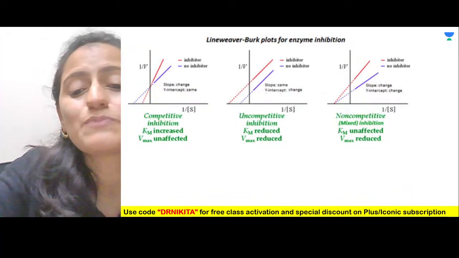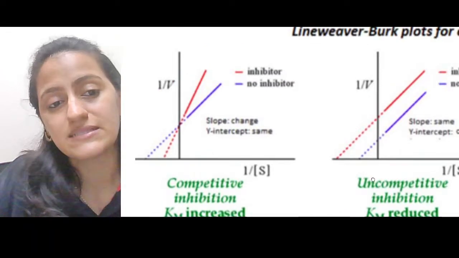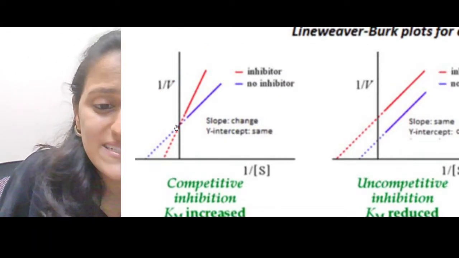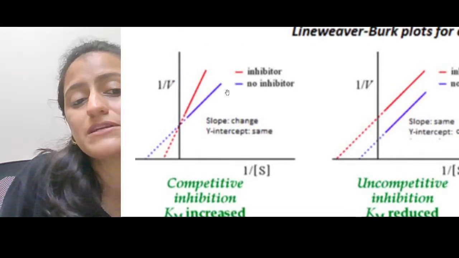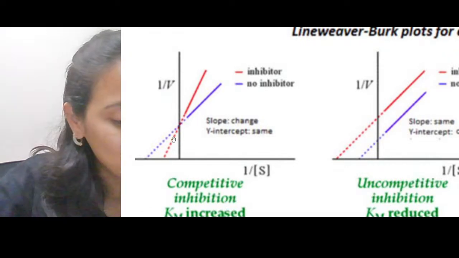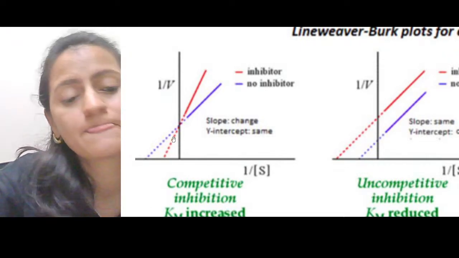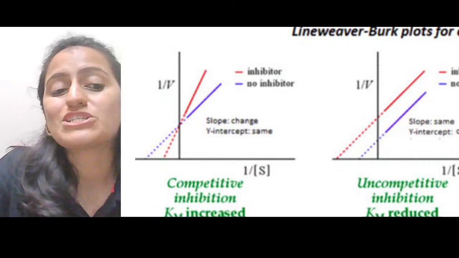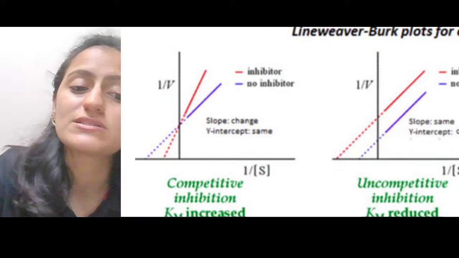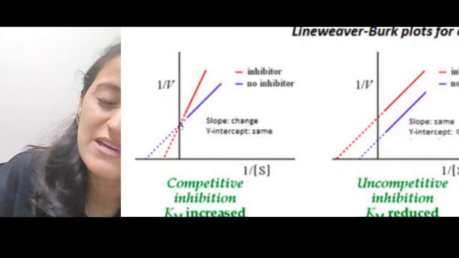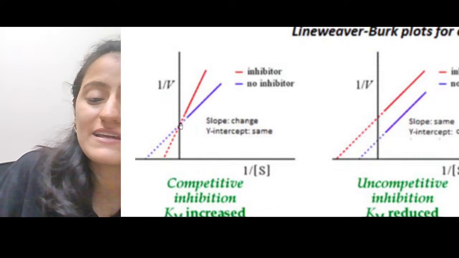Now, a very important point which can be asked: which of these is the inhibitor, the red line or the blue line? How will you identify which is the inhibitor? Both of them have the same Vmax, so this is competitive inhibition.